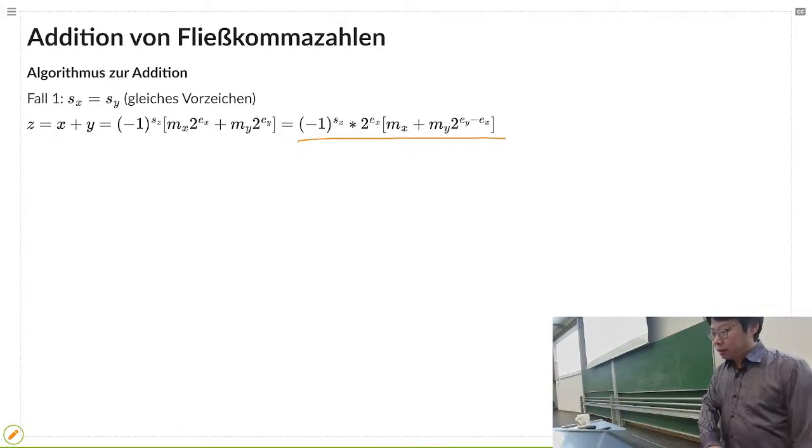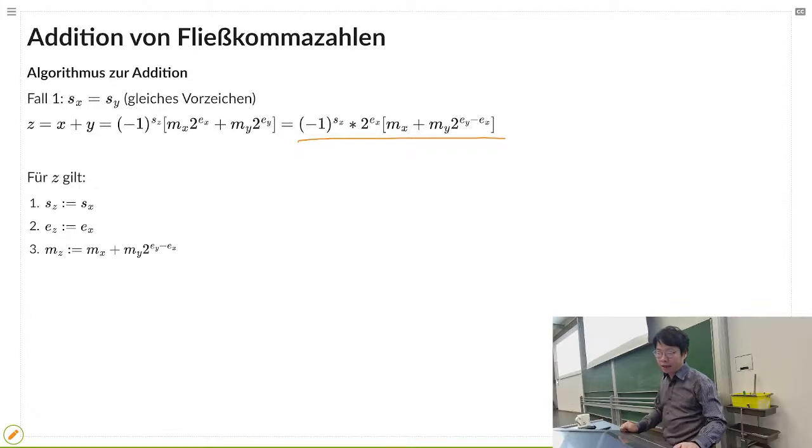Dann, sz ist einfach sx, ez ist ex und mz ist mx plus my mal 2 hoch ey minus ex. Das haben wir schon gemacht. Die Frage jetzt ist, ob diese mz zu groß oder zu klein ist. Haben wir schon besprochen. Diese mz ist by definition immer zwischen 1 und 3. Es kann sein, dass mz zwischen 1 und 2 ist, oder zwischen 2 und 3.